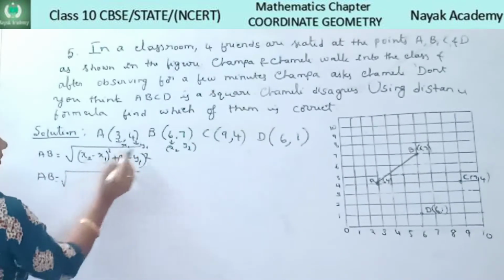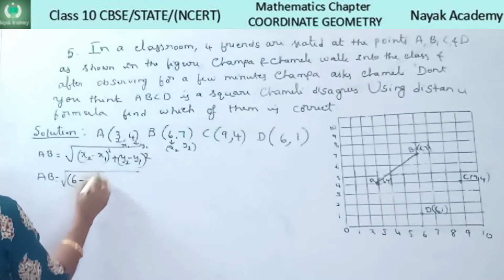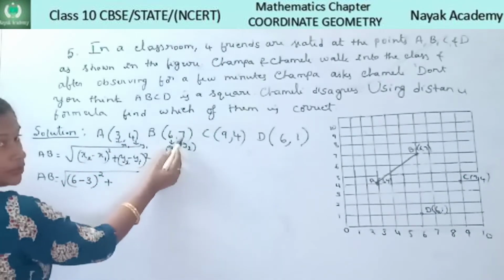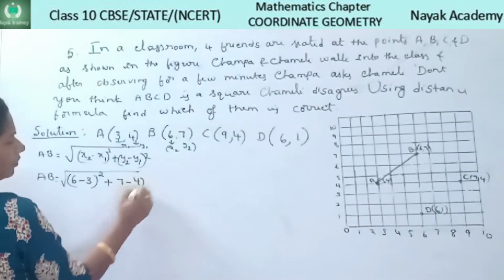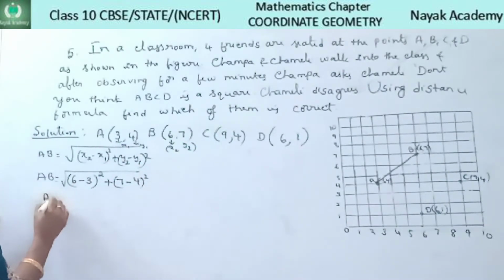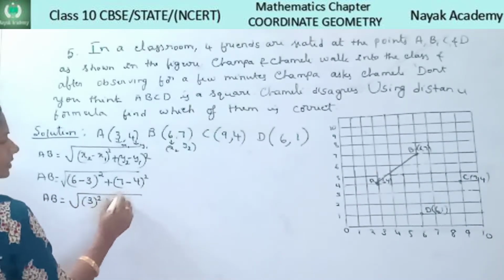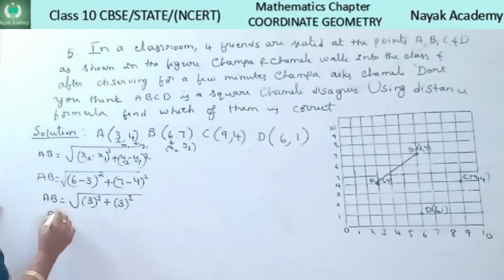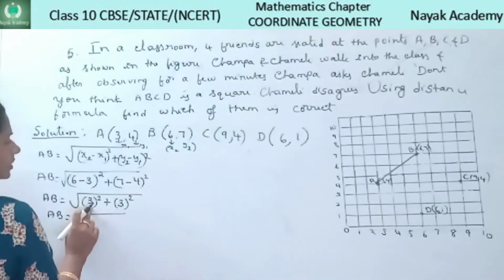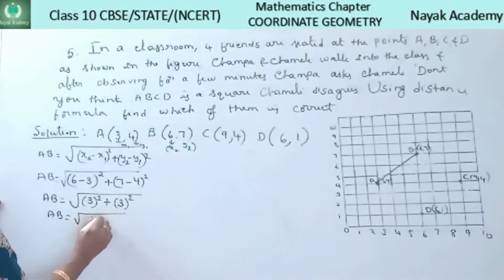Root of x2 value is 6 minus x1 value is 3 whole square plus y2 value is 7 minus y1 value is 4 whole square. So AB equal to root of 6 minus 3, 3 square, plus 7 minus 4, 3 square. So AB equal to root of 3 square is 9 plus 3 square 9, 9 plus 9, 18 units.